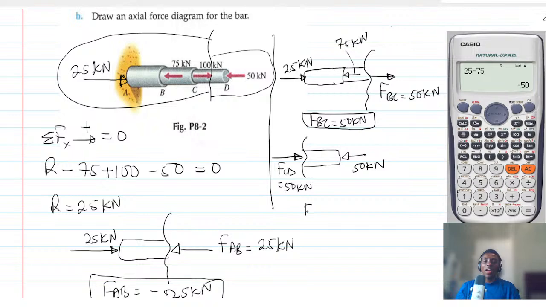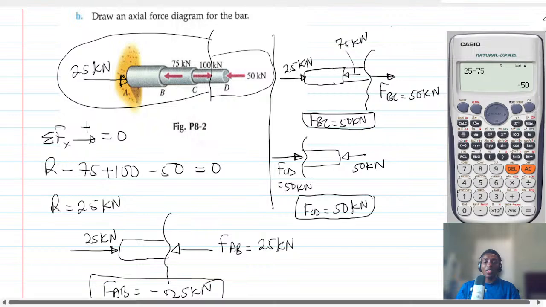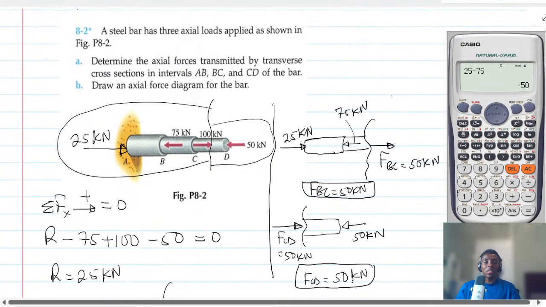And then finally, FCD is also in the positive direction, so FCD is 50 kilonewton.